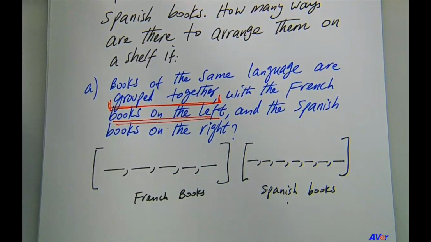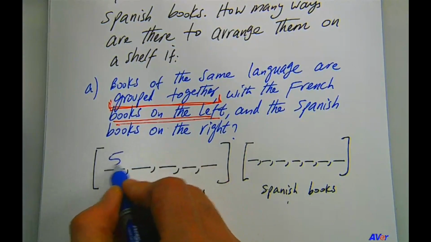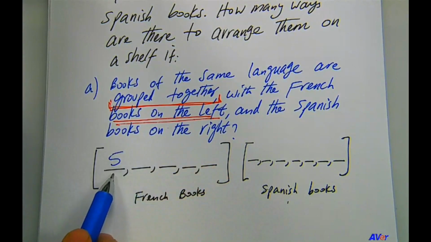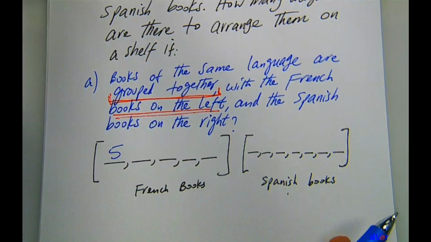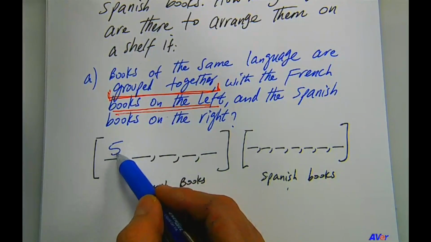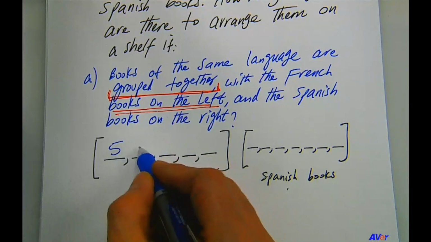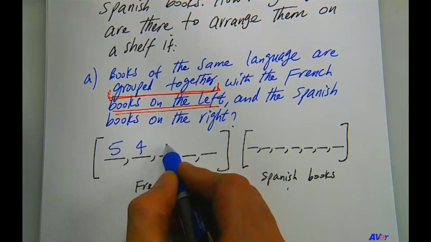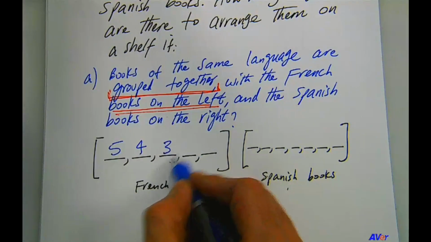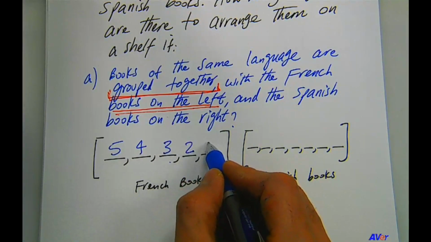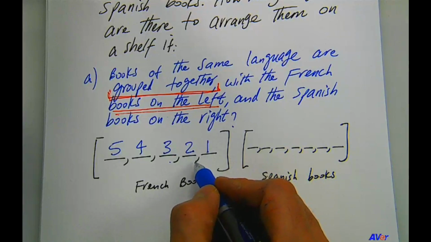Okay, so with French books, we have 5 of them. Any one of them can end up in this spot. Once that book occupies that spot, we have 4 more books to choose from for the second, and then for the third, 3 books to choose from, and then 2 French books to choose from, and then 1, right?